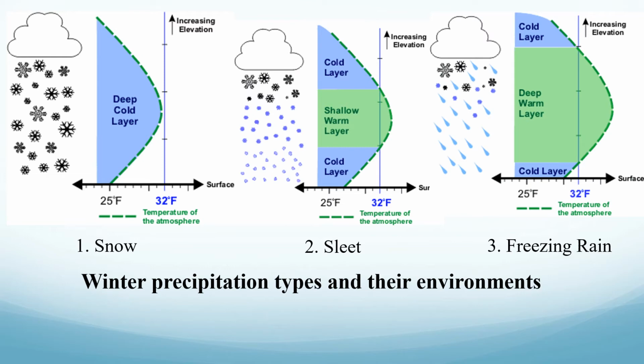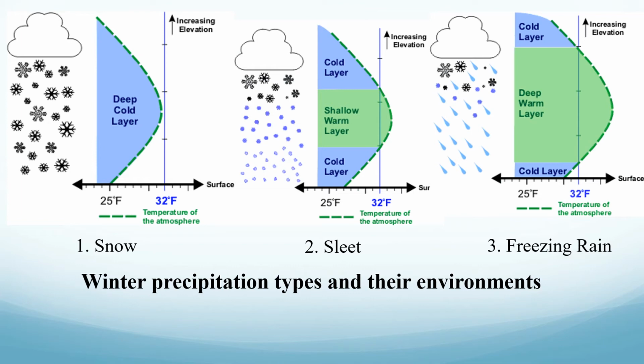In the second image, that's sleet. The surface temperature is higher, 27°F, -3°C. Also, as elevation increases, the temperature increases to the point where some of the atmosphere is above freezing before the temperature lowers again below freezing.